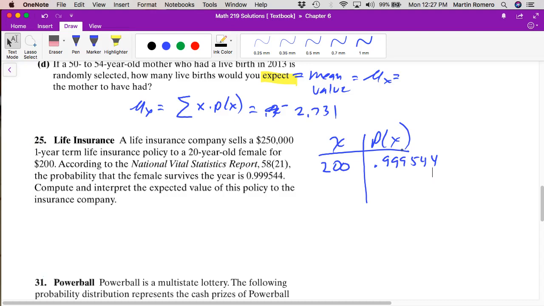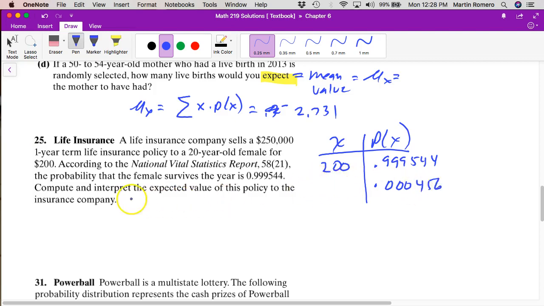And then the other option is if the female doesn't survive. Then the insurance company has to pay the beneficiaries $250,000. How often does that happen? That happens 0.000456% of the time.